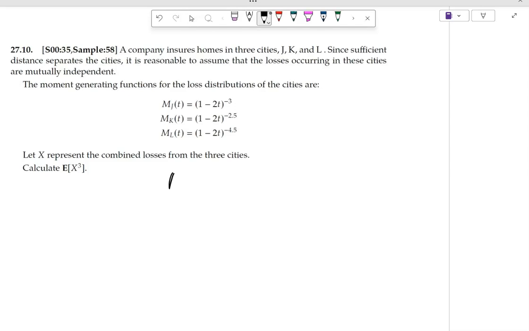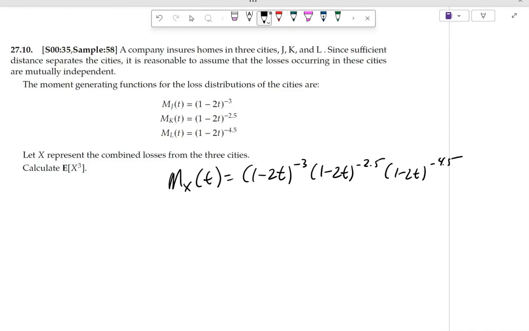So your moment generating function for x here will be the product of these, 1 minus 2t to the negative 10. If I added correctly. Feels like I added correctly.